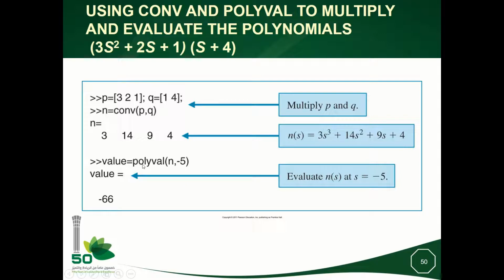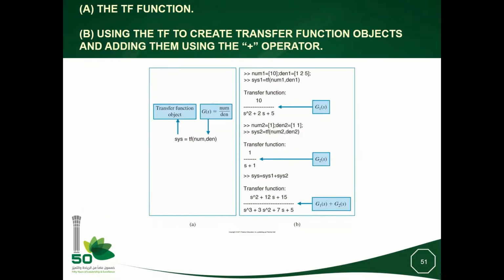I can also evaluate a polynomial at a point by using the instruction polyval. It means evaluation of a polynomial at some point s. So here I will evaluate n(s) at s equal to -5, and this command gives minus 66.